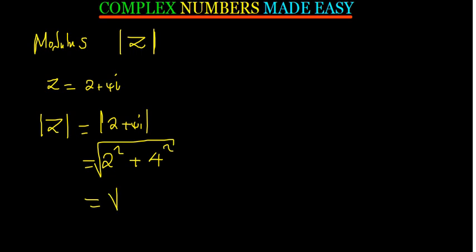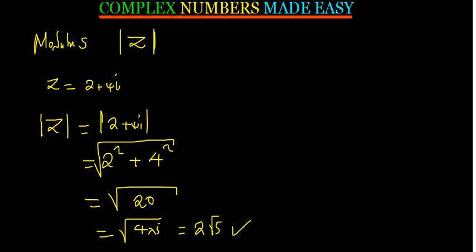That is going to be the square root of 4 plus 16, because 2 squared is 4 and 4 squared is 16. That is going to be the square root of 20, and you know that 20 is the same as 4 times 5. The square root of 4 is 2, so this is going to be 2 square root of 5. So this is the modulus of this complex number z.